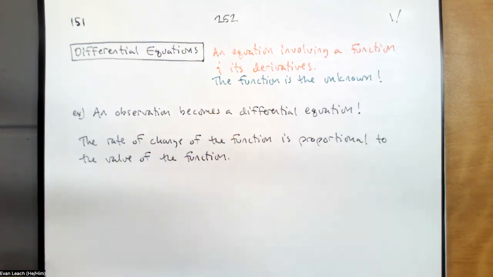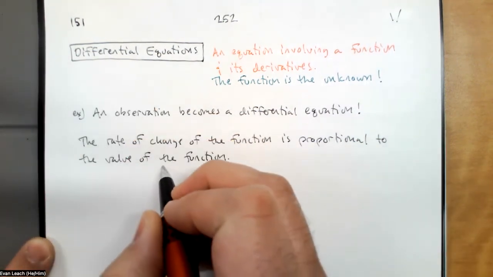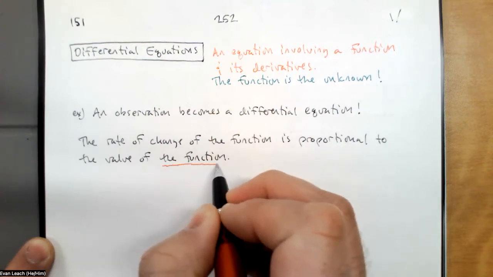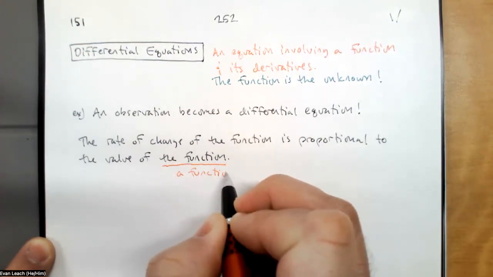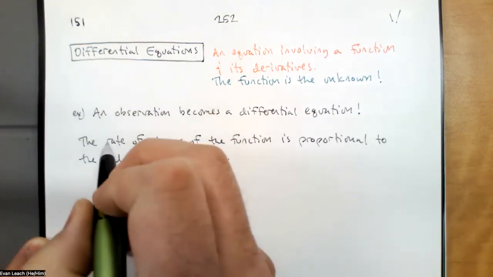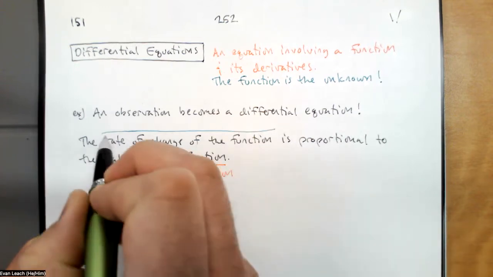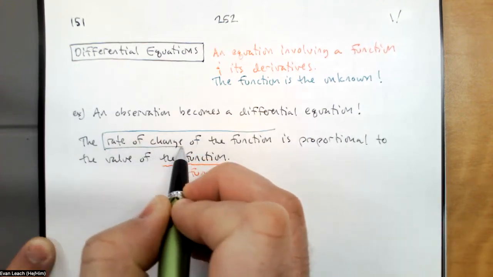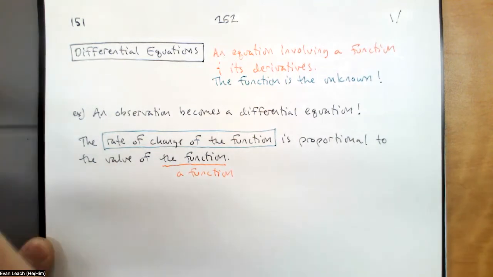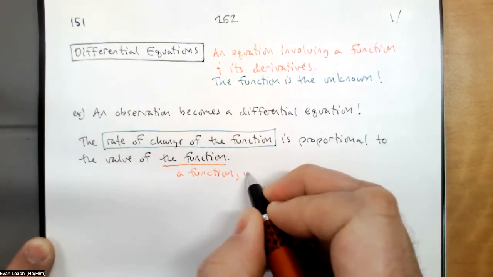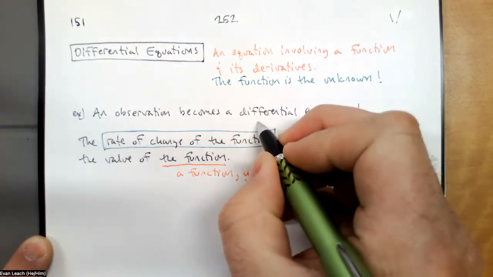Here I said the rate of change of a function, that's the derivative of the function. Let's say that the function is y, then the rate of change of the function is y prime.